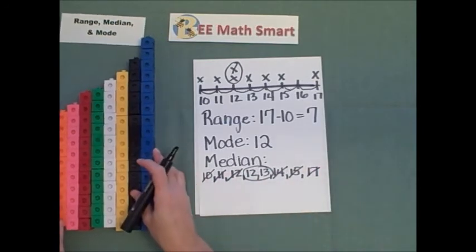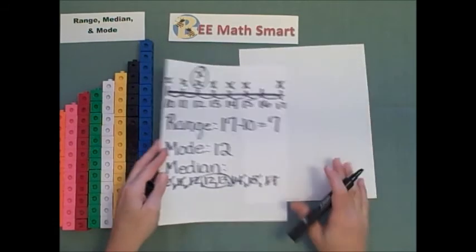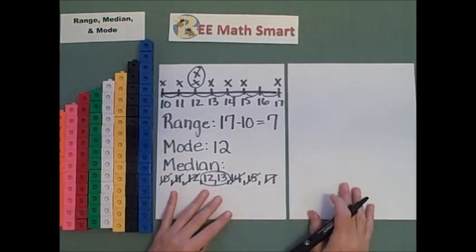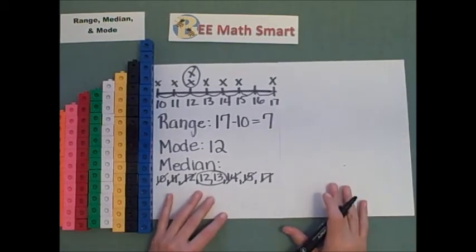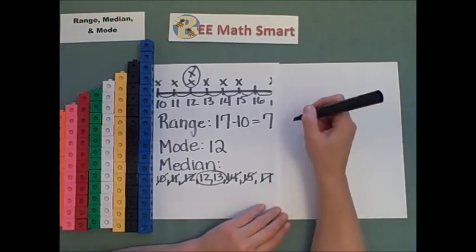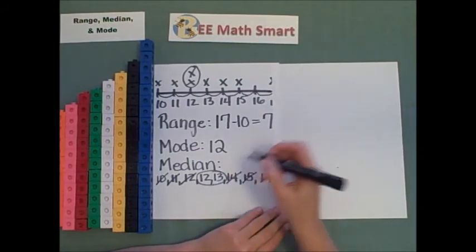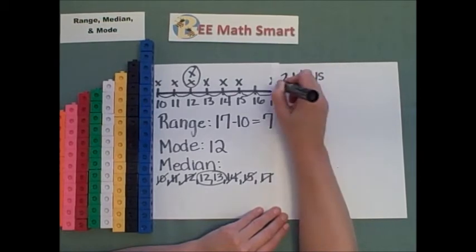There's 2 ways to manage these middle numbers, and let me show you how to do that. Okay, I have to overlap those just a little bit so you can see. When you have 2 middle numbers, there's 2 ways to find the median.